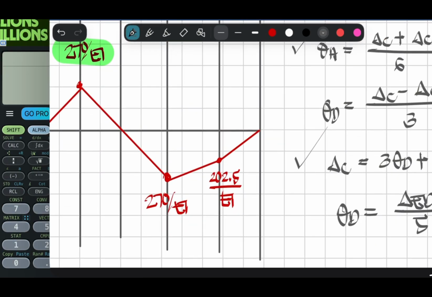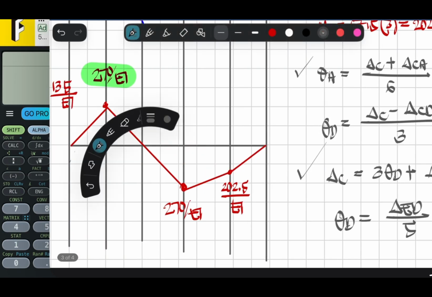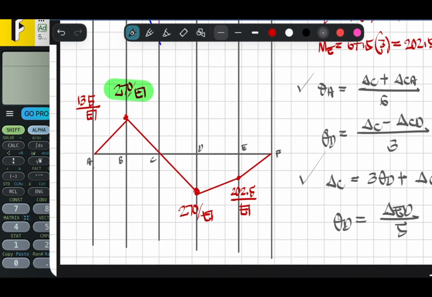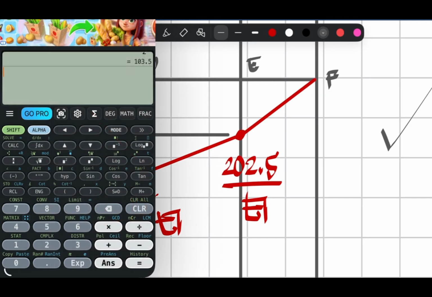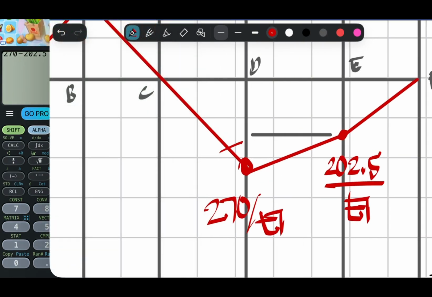From the M/EI diagram, D to E is this area. We get the distance: 270 minus 202.5 is 67.5.